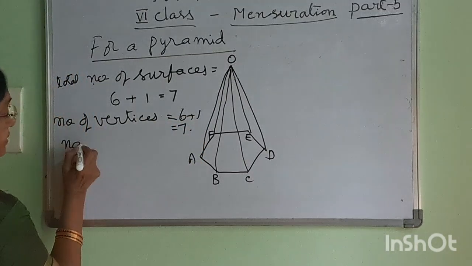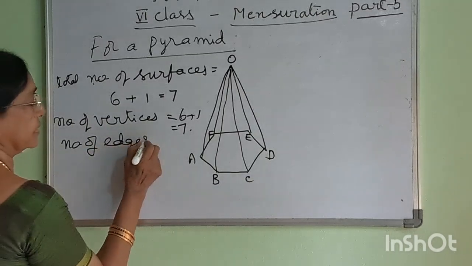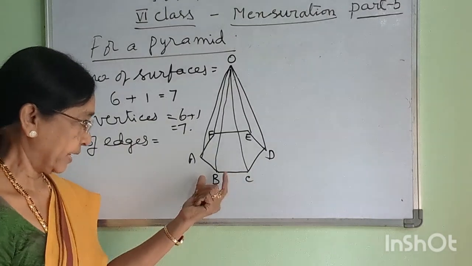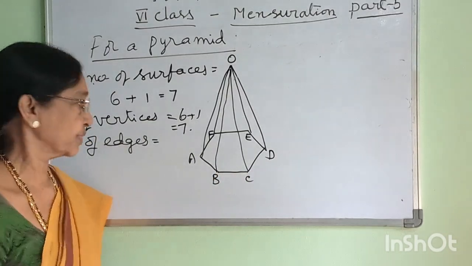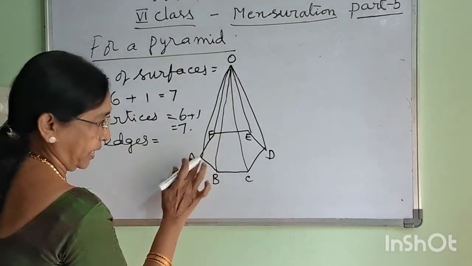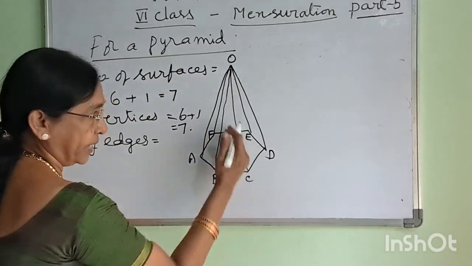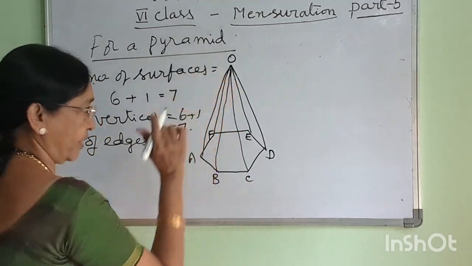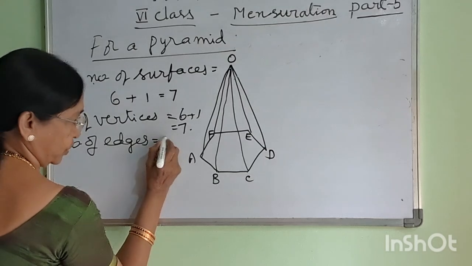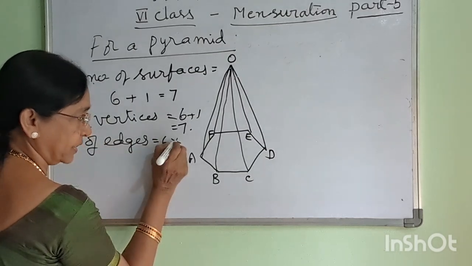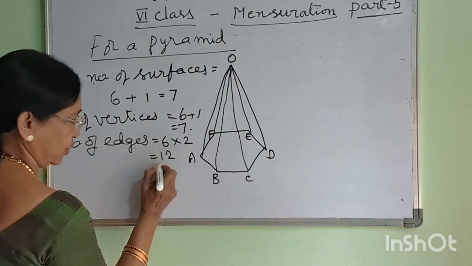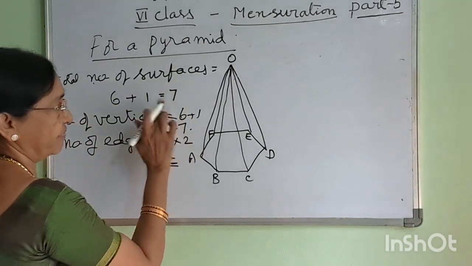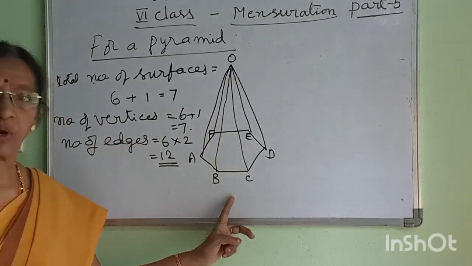Next, the number of edges is equal to the number of sides of the base into 2. There are 6 edges in the base, and from every vertex there is a line joining to the vertex of the pyramid. Therefore double: the number of sides of the base into 2 is equal to 12. So the number of edges is 12, the number of vertices is 7, and the number of surfaces is 7 for this hexagonal pyramid.